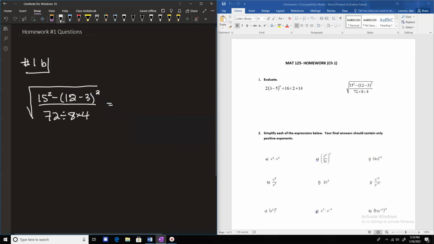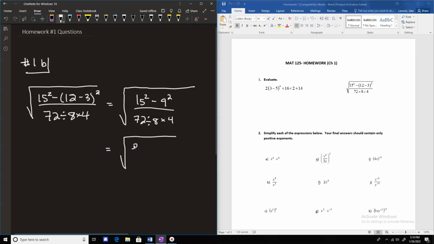So, we're going to simplify inside the parentheses first. So we have 15 squared, minus 12 minus 3 is going to be 9, so we have 9 squared, and then we have 72 divided by 8 times 4, and then we're going to simplify the two exponents on the top, so that's going to be 225 minus 81, and on the bottom, so we treat the top and the bottom when we have a complex fraction like this as if they're in parentheses.